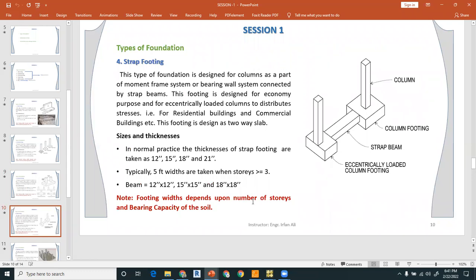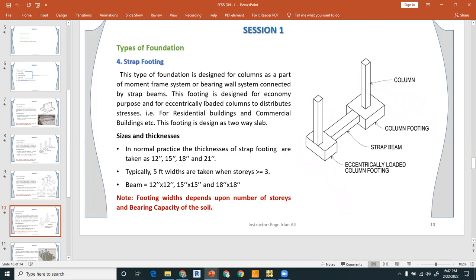The next one is the strap footing. It is called a strap footing because of this beam. This beam is called a strap beam. When you have isolated footings and you combine those isolated footings with a beam, it is called a strap beam. That is why this foundation type is called a strap foundation, right?